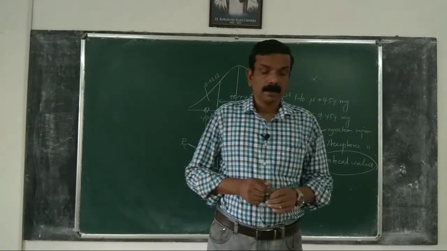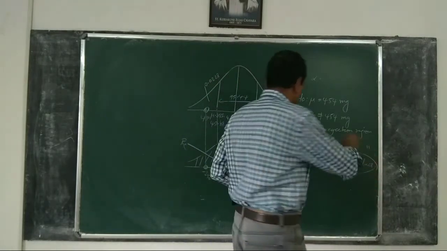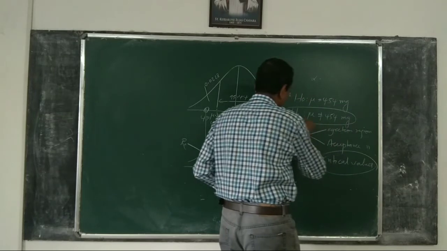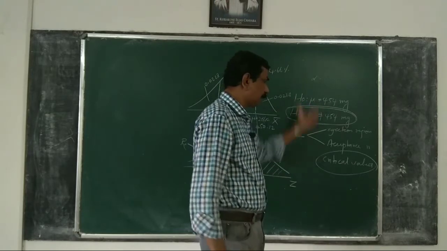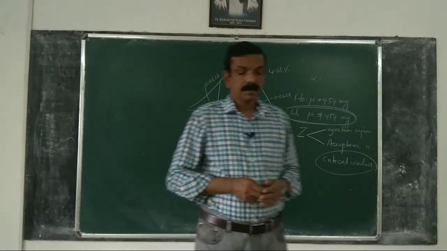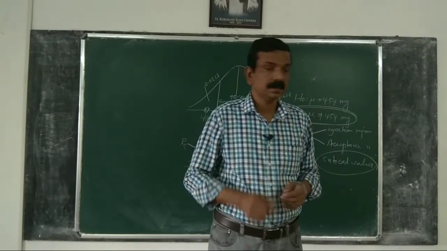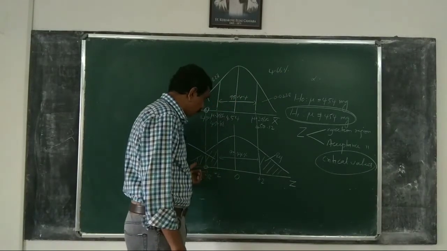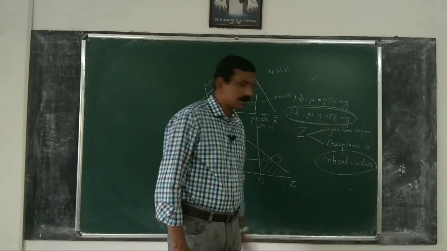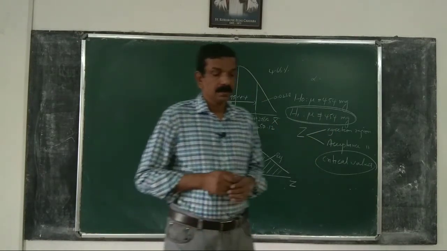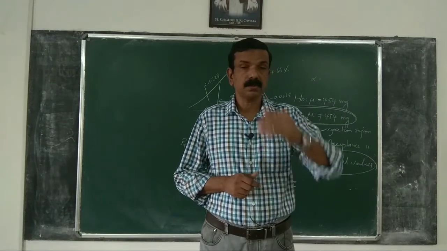Now, if we have a two-tailed test, that is a test with an alternative hypothesis of not equal to, which we will explain later, then H0 is rejected if the value of the test statistic is either too small or too high.